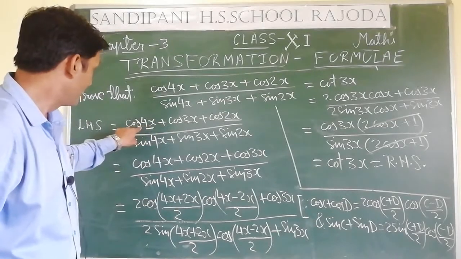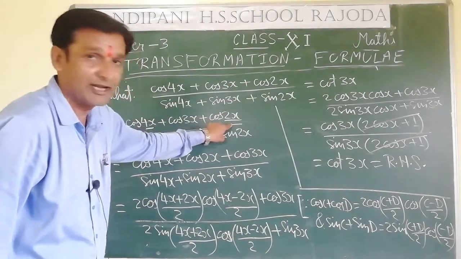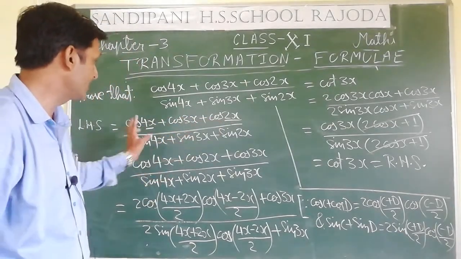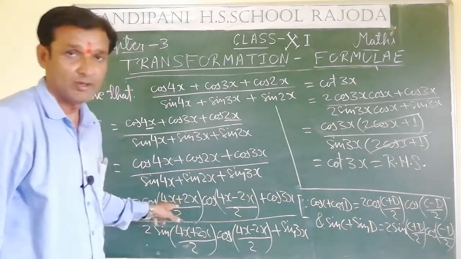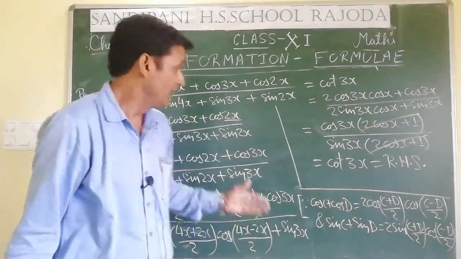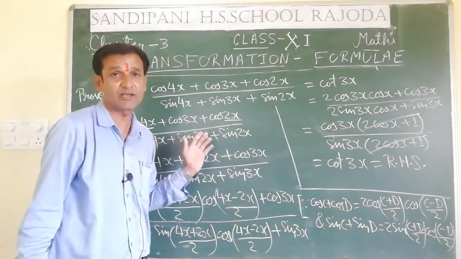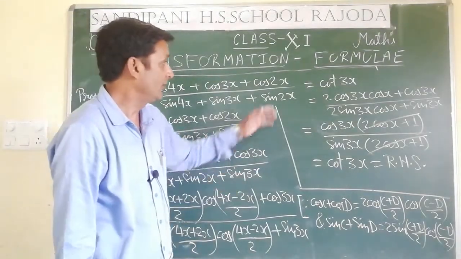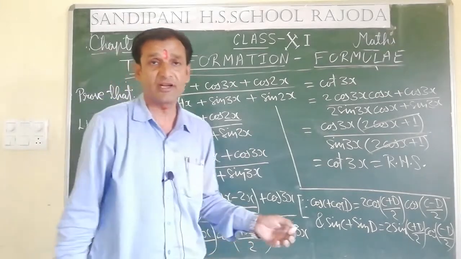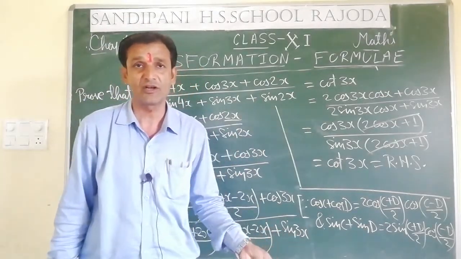Take 4x and 2x simultaneously, because 4 plus 2 is 6 upon 2, so it should be divisible by 2. This is the only point you have to notice in such types of questions. Now you are able to do transformation formula questions very easily.